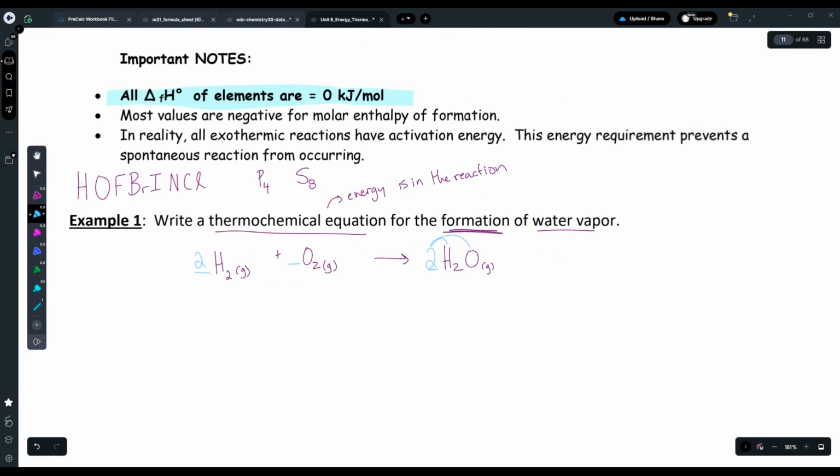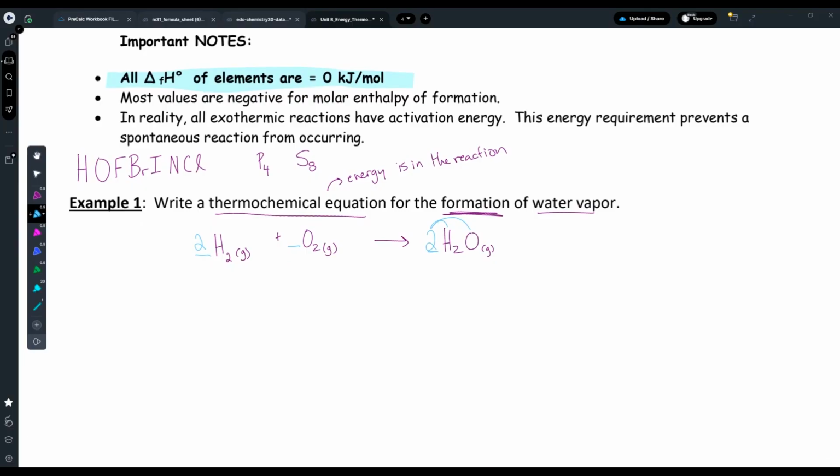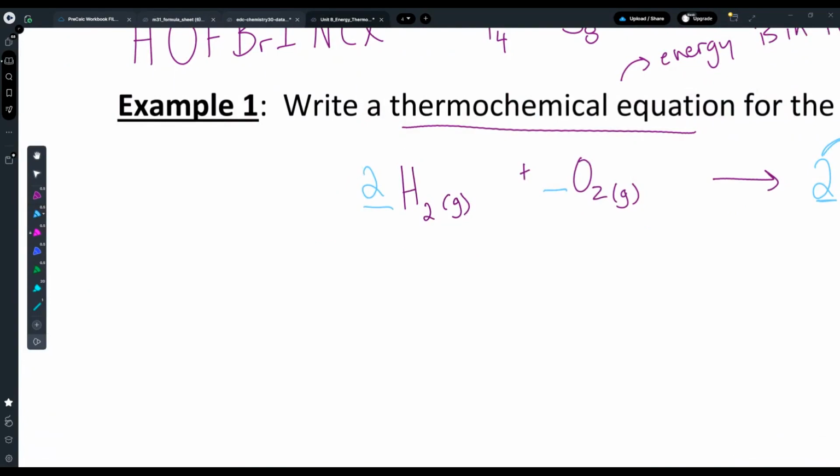All right. So now we need to be concerned with writing the energy term in here. Okay, so now that we've written our balanced chemical equation, now we need to find the molar enthalpy of formation of water. So let's just write this as steps here.